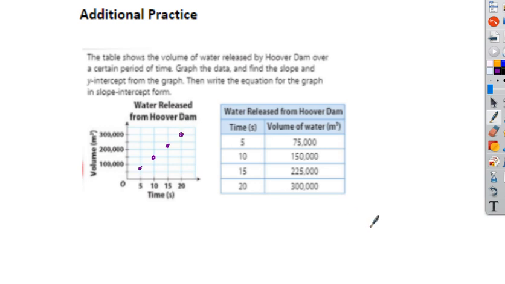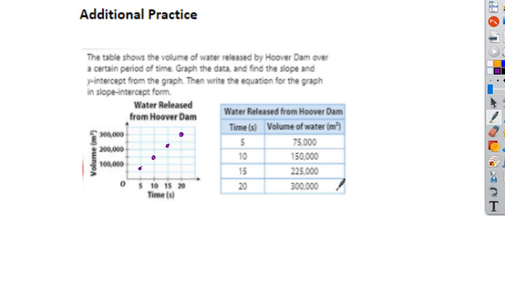Now, the tricky part about this is we don't know what the y-intercept is. So again, I'd like you to practice finding the slope and the y-intercept on the graph, or I mean on the table. So how about we pause and you guys see if you can find the slope of this using the table. So I expect to see work using the table when we return tomorrow.